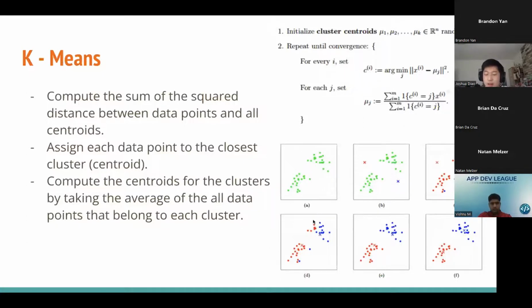We'll be finding the sum of the blue group, and we divide it by the number of blue dots, and we find the average, or the center of all these points, added together and divided by the number. So as you can see here in picture D, we have these centroids in the middle of these 2 groups of data.